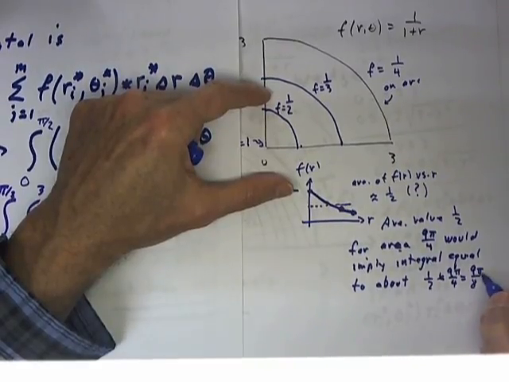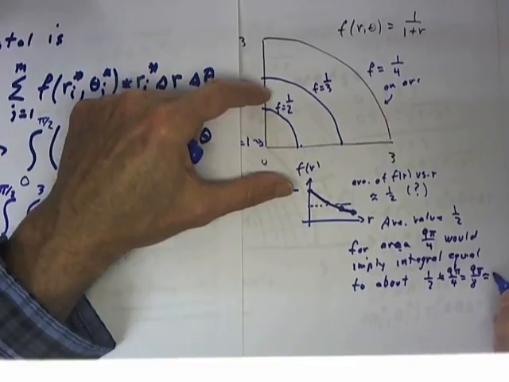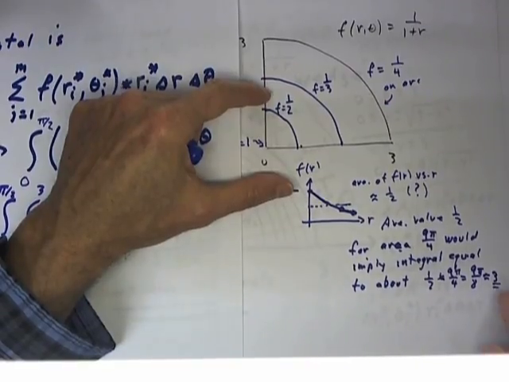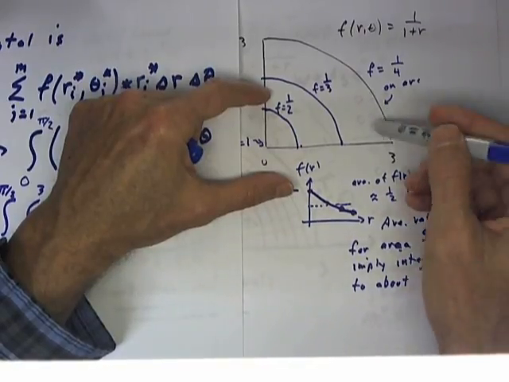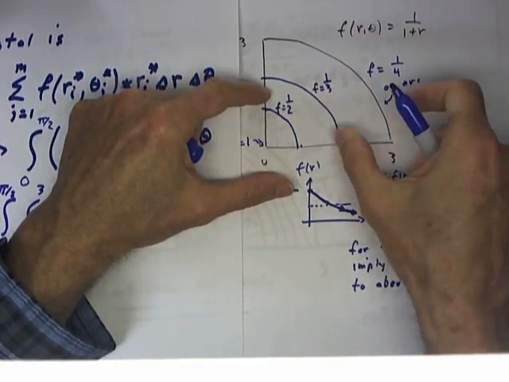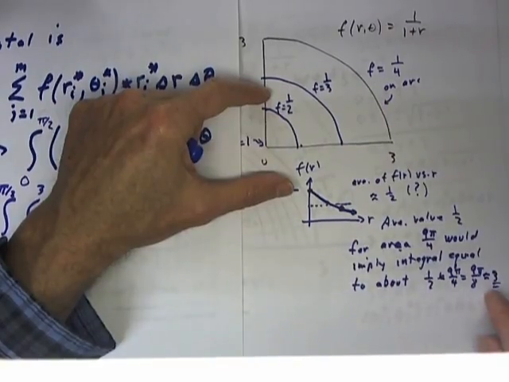9 over 8 is a little more than 1, pi is a little more than 3. Just going to say that integral might be approximately 3. This estimate would be a little greater than 3. However, again, since the smaller values of f cover more area, we would expect even this to be an overestimate.